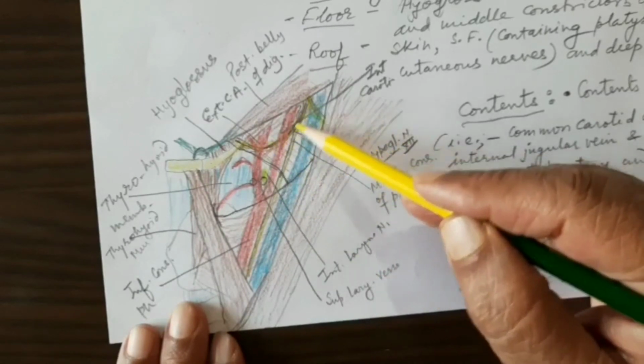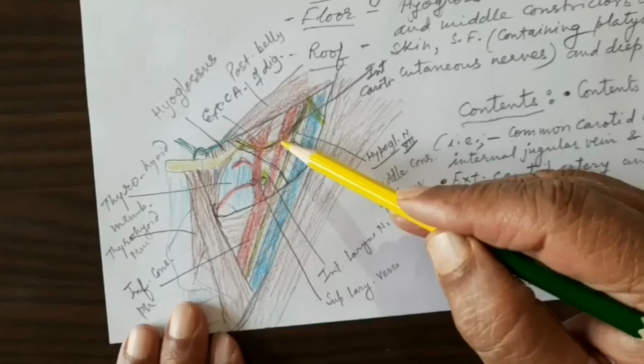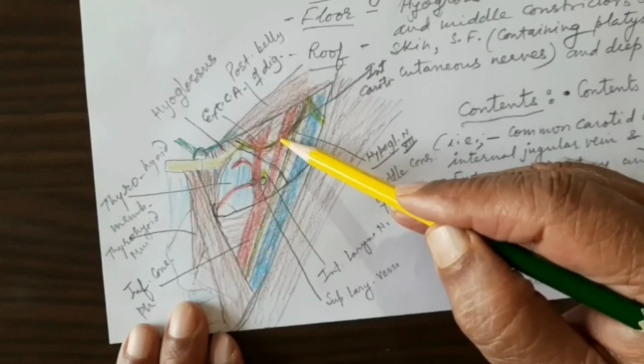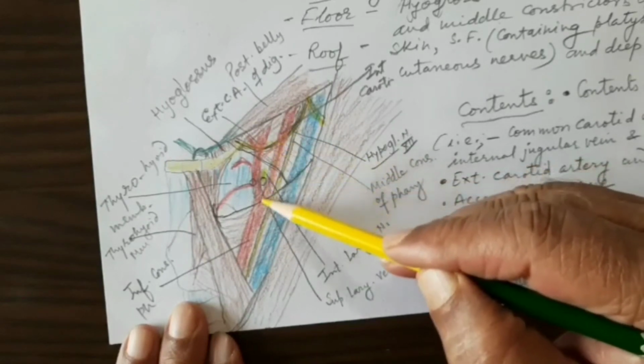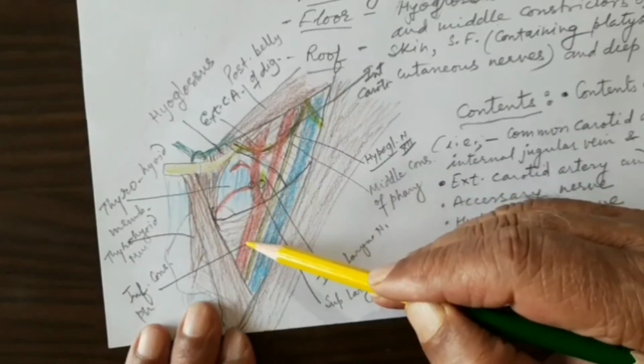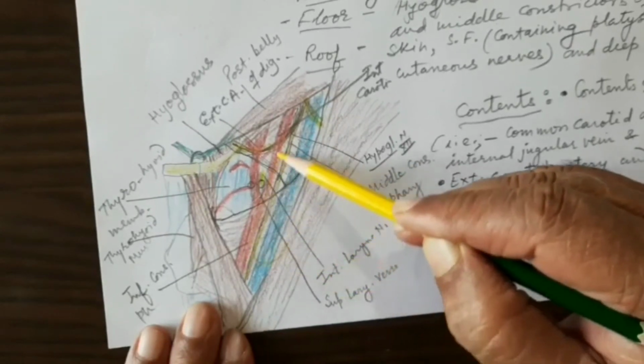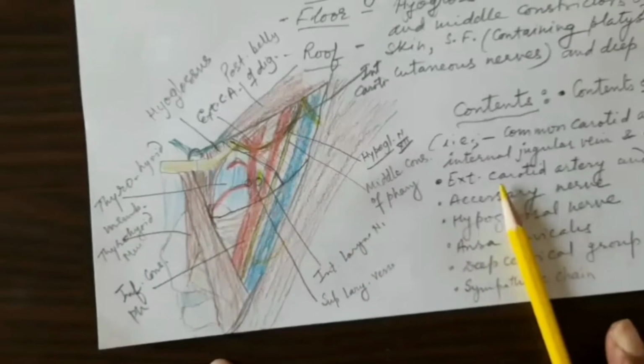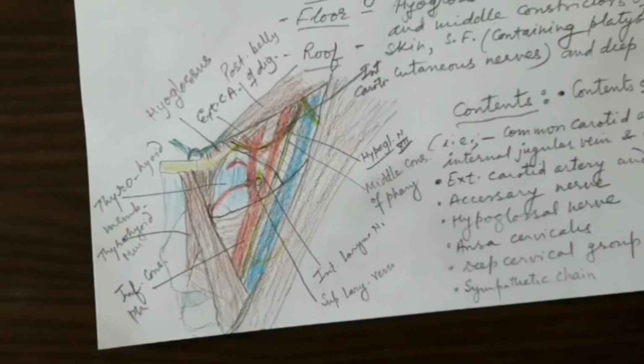So when the hypoglossal nerve is just crossing the internal carotid artery, it will give a branch which will run on the surface, and then it will go down, I mean backward, to form a loop. That's why it is called ansa. Ansa means loop.